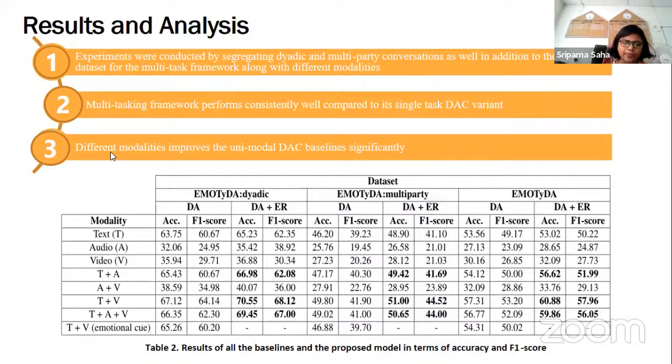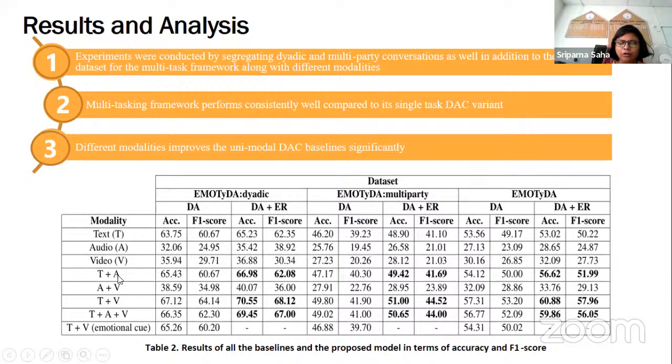Looking at the individual modalities, text gives us the highest F1 score. With the multitask setting, we get 62.35% F1 score using only the text modality. Audio and video individually are not good.